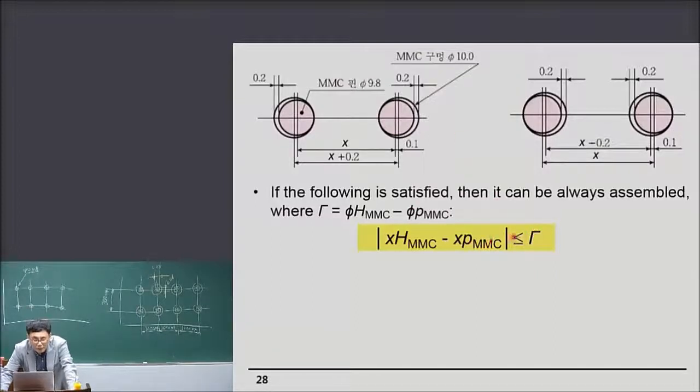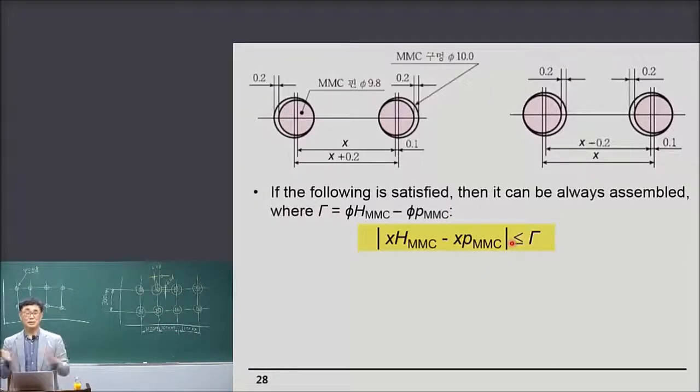Then the center distance: XH MMC means the center distance of the MMC hole plate, and XP MMC means the center distance of the MMC pin plate. The difference between the center distances is less than 0.2, which is large gamma.